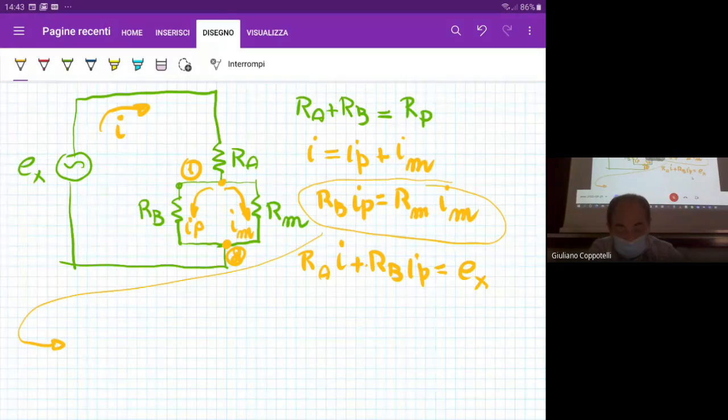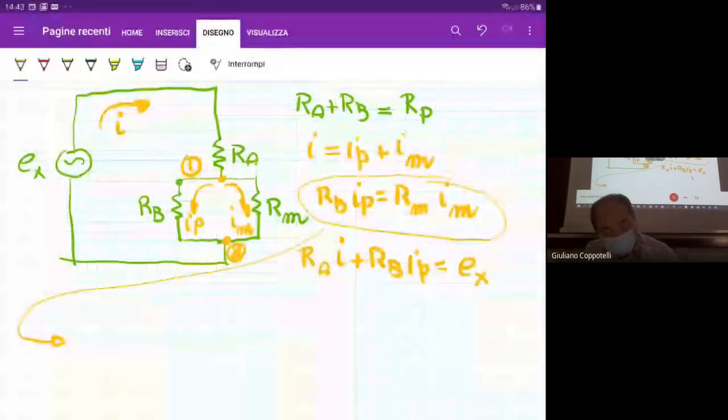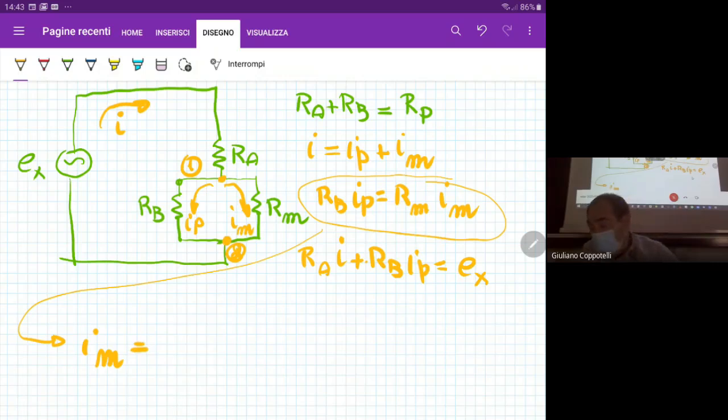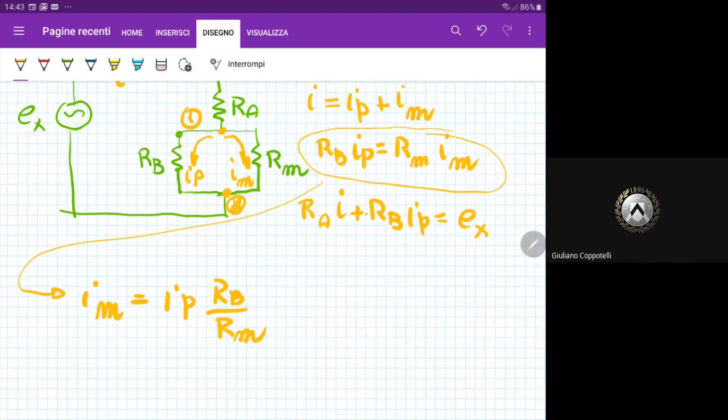So let me use that equation. Your IM is equal to IP times RB over RM, just from the second equation.